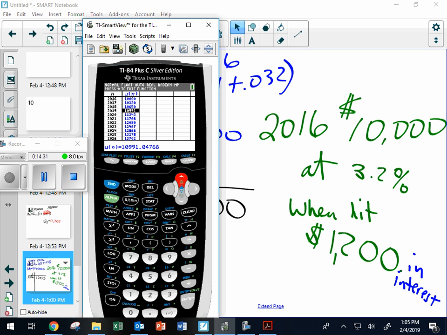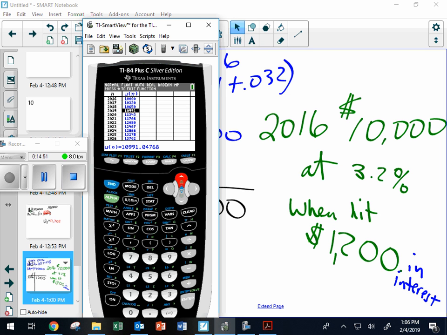Well, it depends. If these are at the beginning of 2019, you know what I mean? That balance right here, is that number 10991? Is that at the beginning of the year 2019 or the end of the year 2019? That's the question. You get what I'm saying?